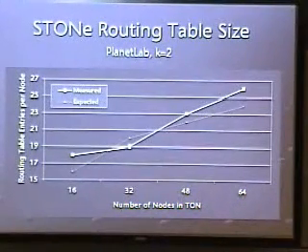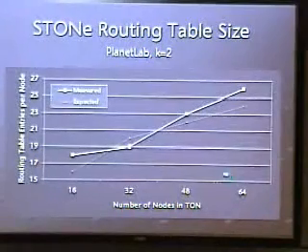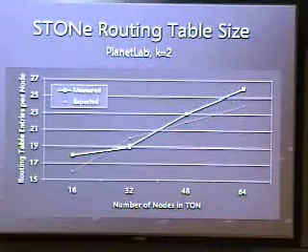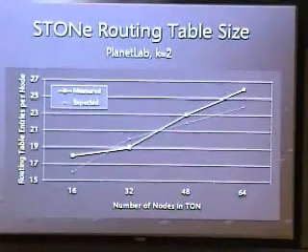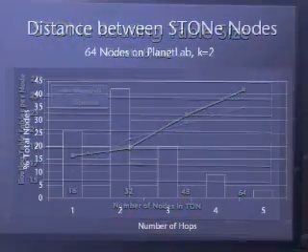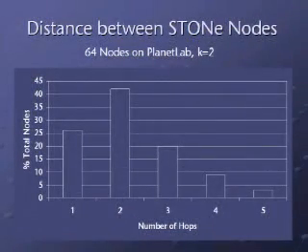So we have something like 4 times log n. And this is the measured routing table size. So it's actually pretty much what we would expect if we hash the addresses.